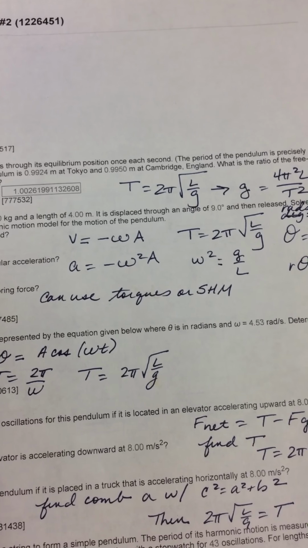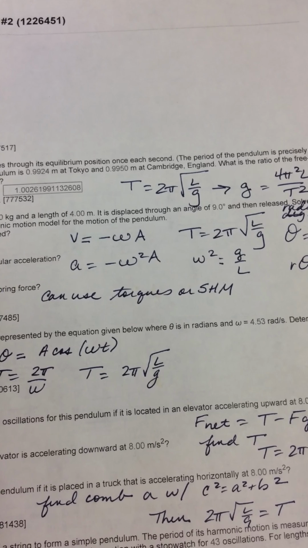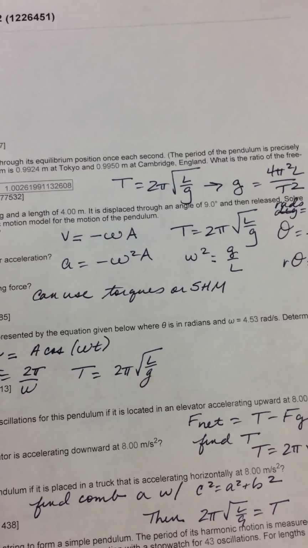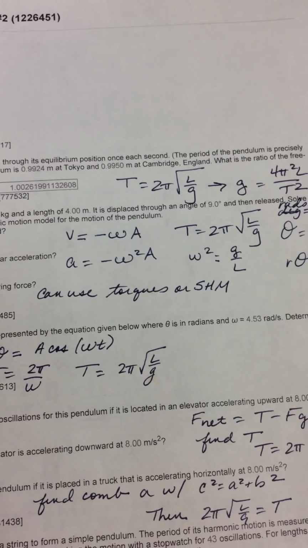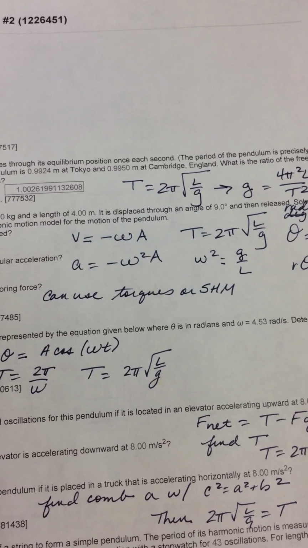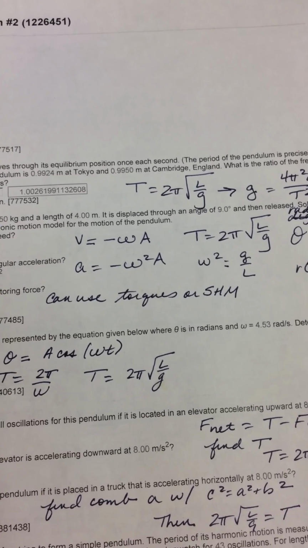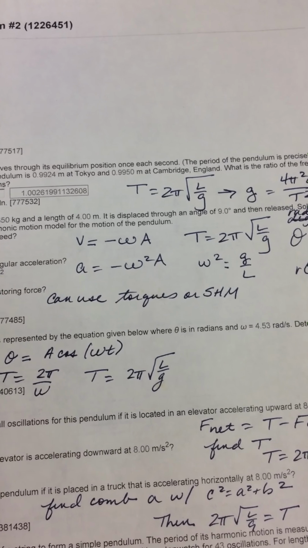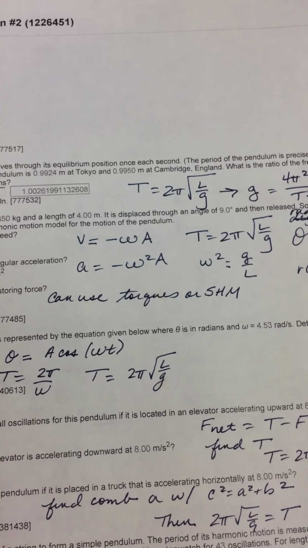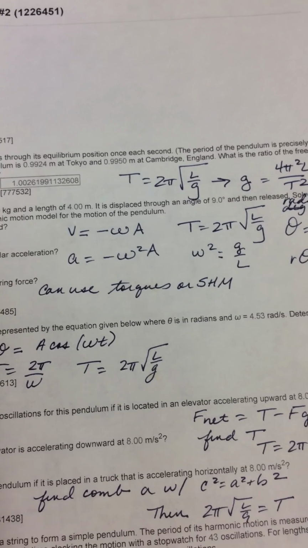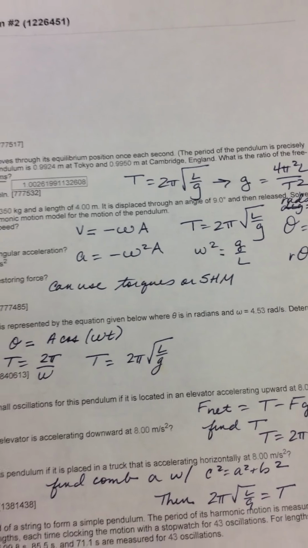Remember torque is also equal to inertia times angular acceleration, and the inertia we'd be dealing with is for a point mass, so inertia is m r squared. So you've got a couple possibilities for solving for maximum angular acceleration. Maybe you find the linear and then convert it to angular using the radius, or perhaps you just solve for it with torque. It's totally up to you how you want to do that.